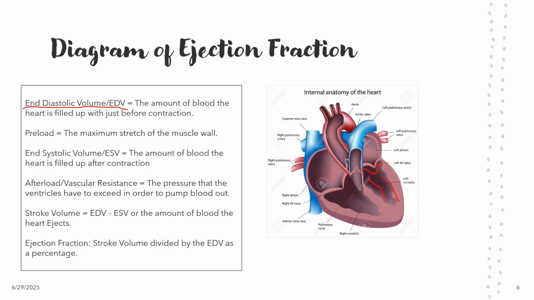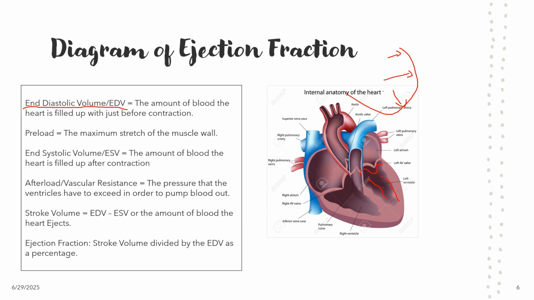So if the heart is unable to relax properly, it can result in less end diastolic volume, because it's unable to fill with blood fully. And we also have something related to EDV known as preload. Preload is basically the maximum stretch of the ventricular wall.